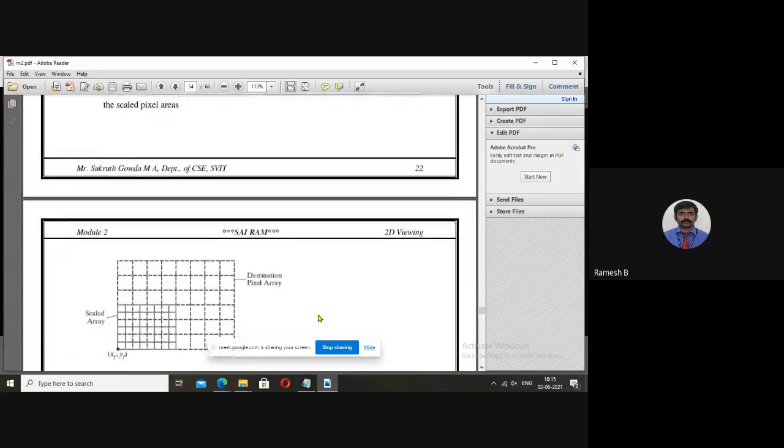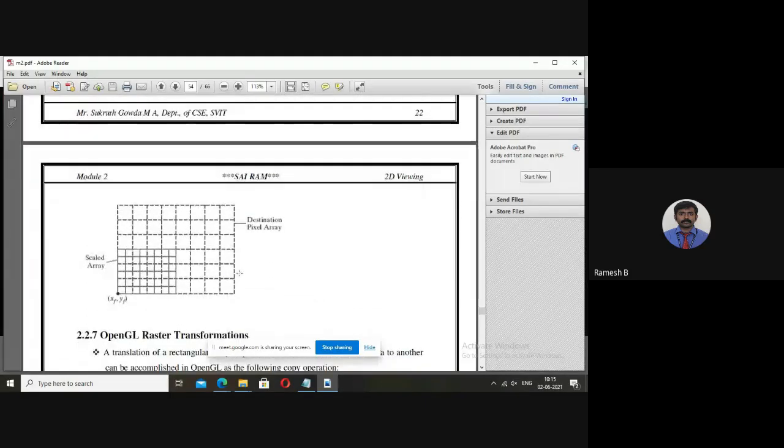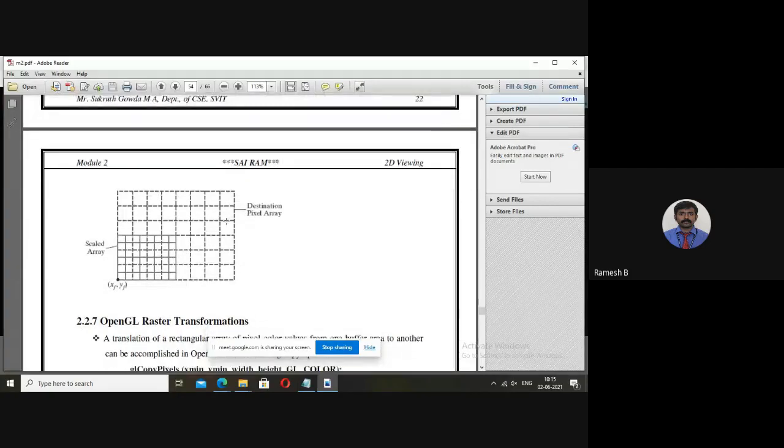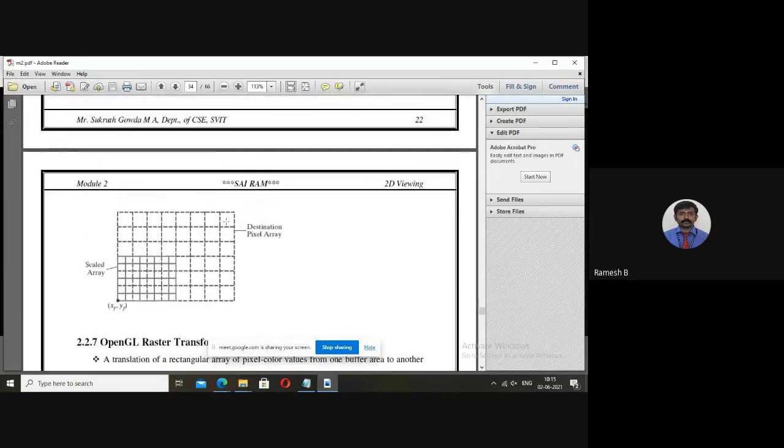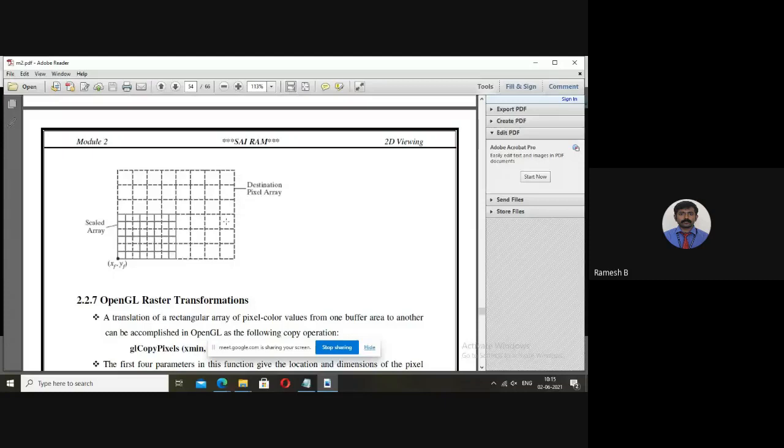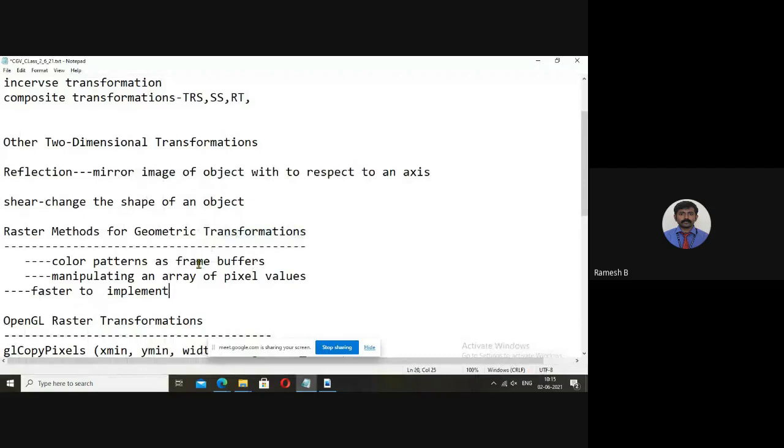Say, an array of pixels. The pixel values are stored as an array, and they'll be moved to the destination pixel array. So that's about the raster transformations. OpenGL also does the raster transformations by providing some methods or functions.